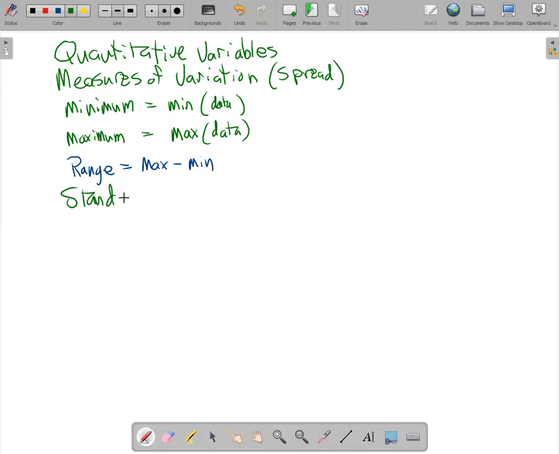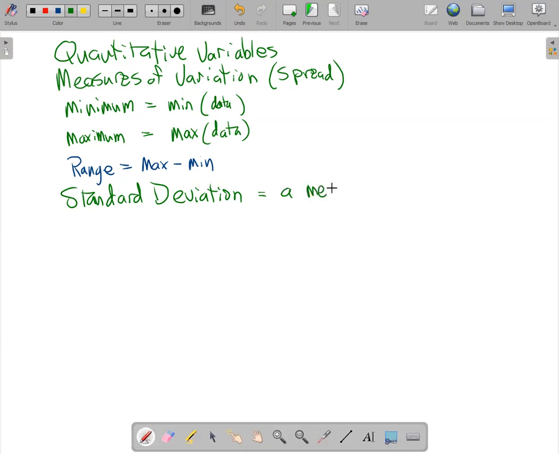Standard deviation. Now, standard deviation is one way to find the average spread. It's the most popular. It's the most useful.